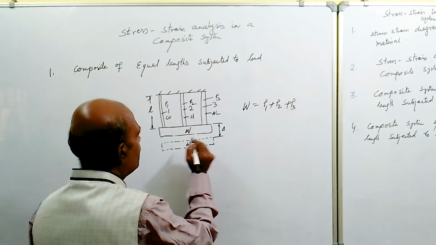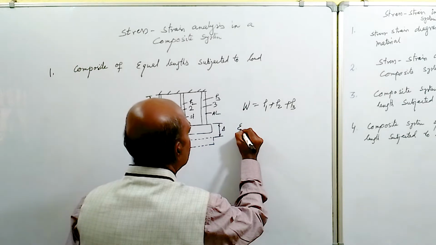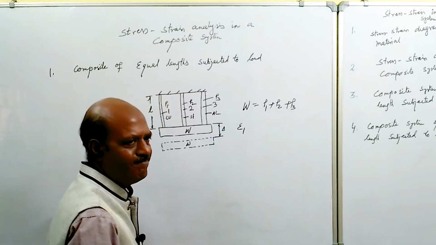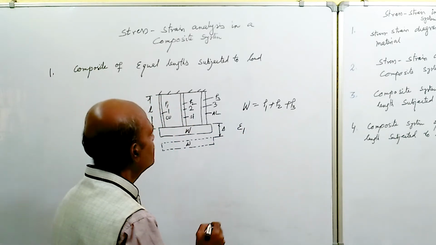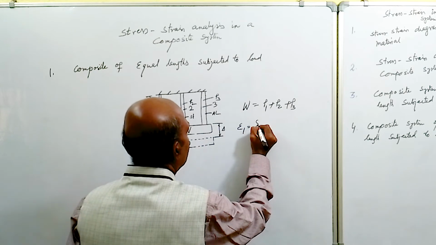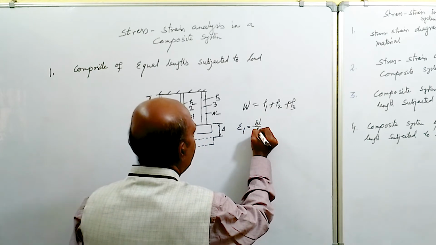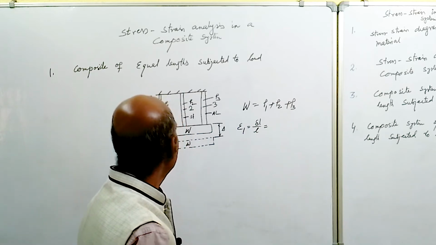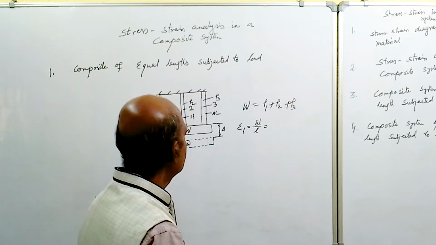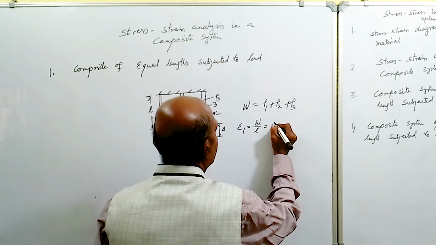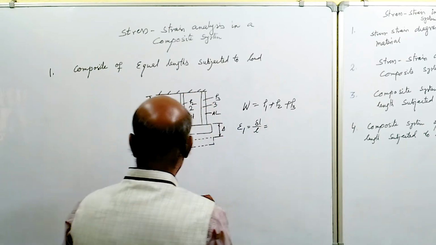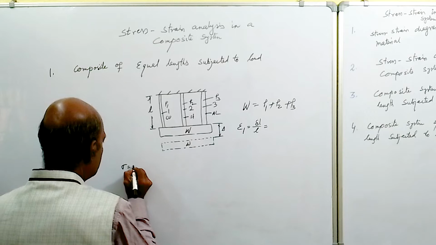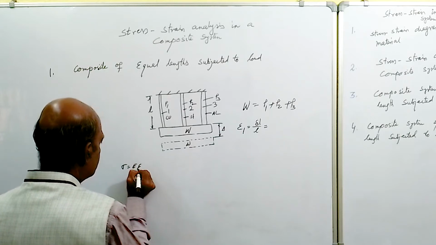So the strain produced in the first bar, epsilon 1, is given by delta L by L. Also we can write, we know sigma is equal to E into epsilon.